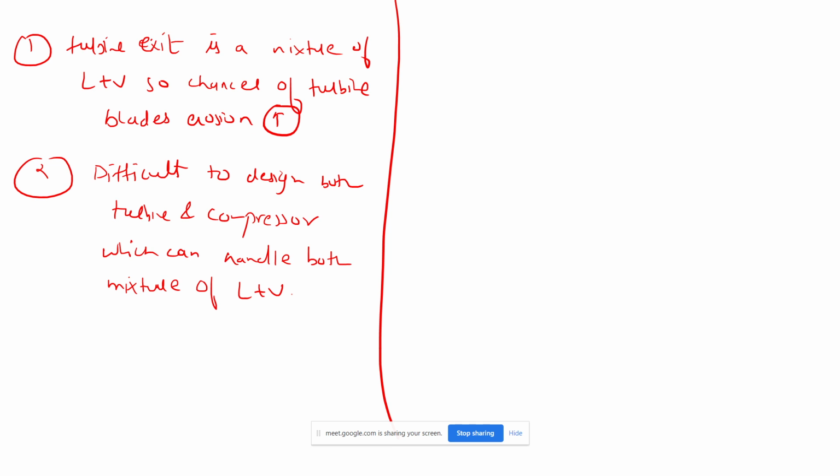Now I'll give you one question. It is a relatively simple question, so you can answer easily. A Carnot cycle numerical I am giving.